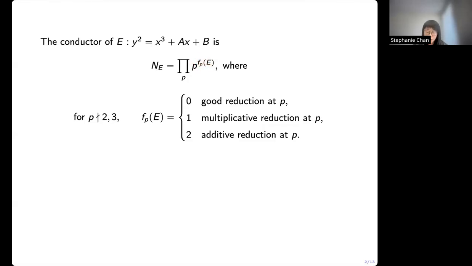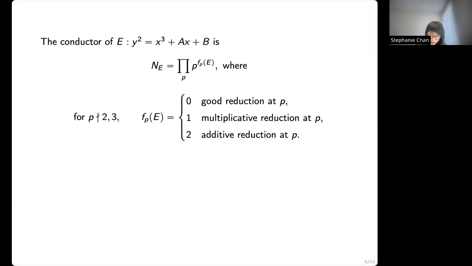It's 0 if there's good reduction, so this prime does not occur in the conductor. If there's multiplicative reduction, this prime will occur with multiplicity 1. And if it's additive reduction, it will be multiplicity 2 in the conductor, at least for primes that are not 2 and 3. For 2 and 3, there are more cases which I'll not list here. But for most primes, this is what defines the exponent in the conductor.